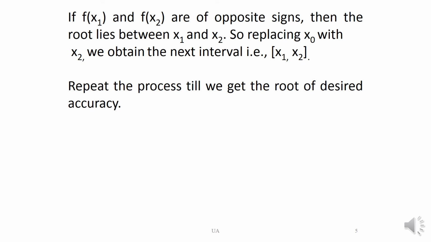We can also see that if the function values at x0, that is f(x0), and f(x2) are of opposite sign, that may be another situation, then our interval will be x0 and x2. Once we get the interval where the root lies, we can repeat the process till we get the desired root of desired accuracy. Thank you.